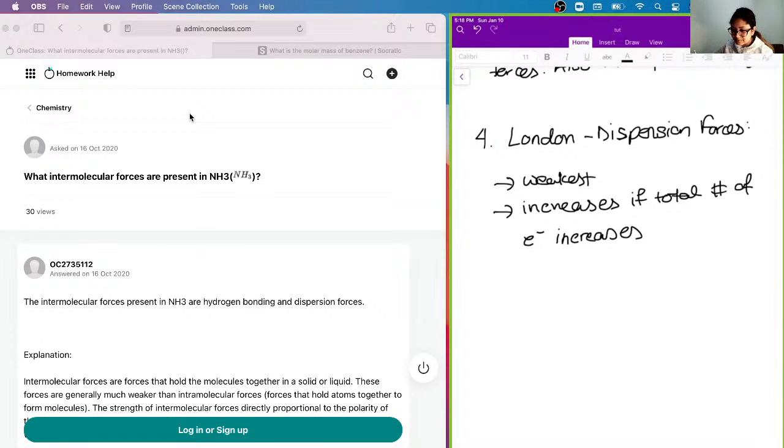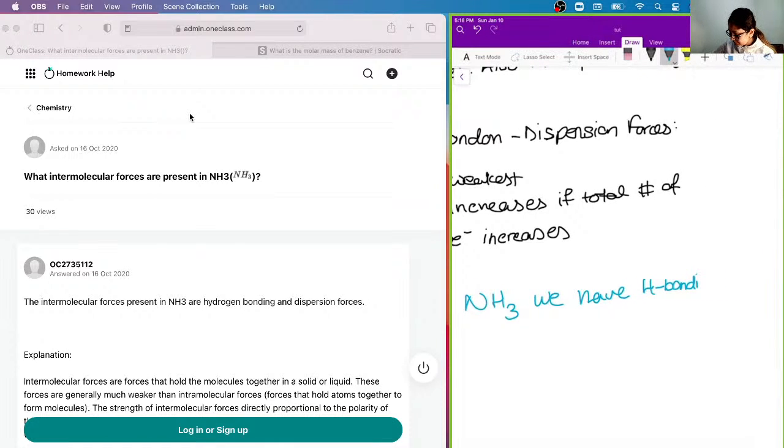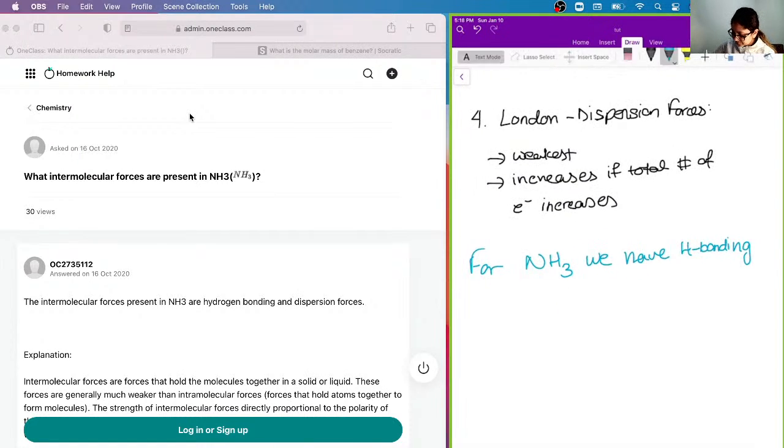In this problem, it is asked what the intermolecular forces of ammonia are. For NH3, we have hydrogen bonding, because hydrogen bonds with fluorine, nitrogen, and oxygen.